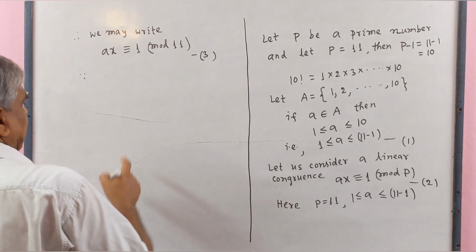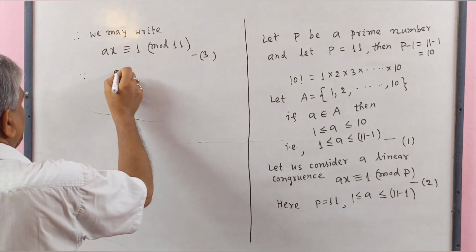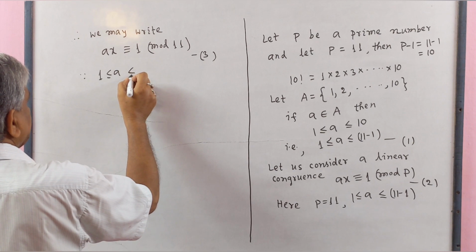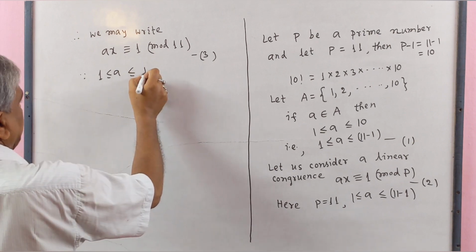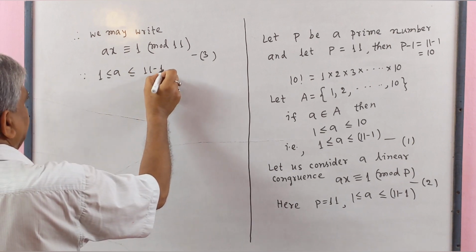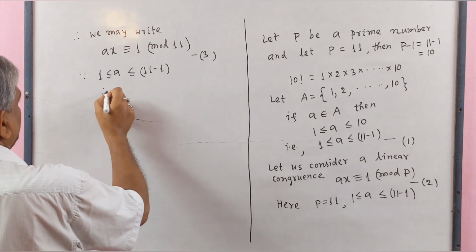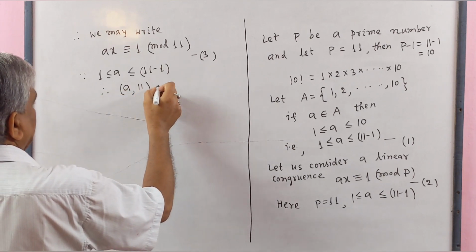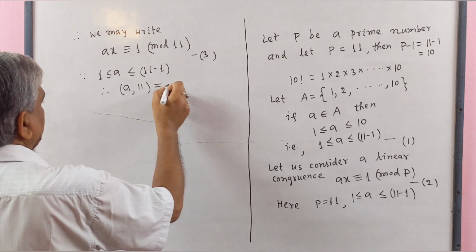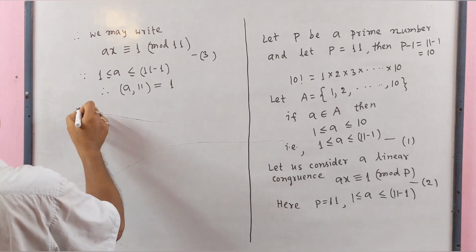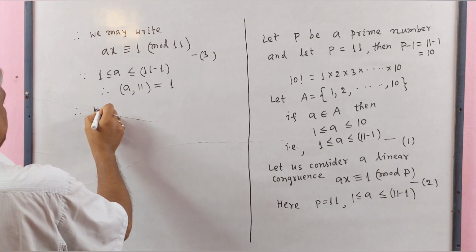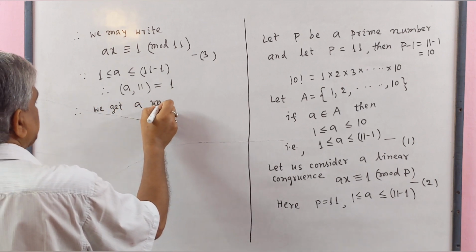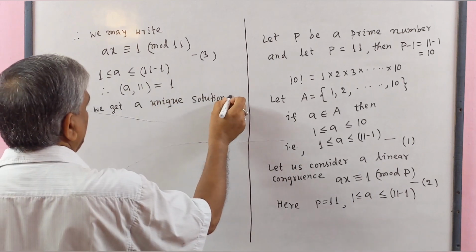Since a is greater than or equal to 1 and less than or equal to 11 minus 1, therefore GCD of a and 11 equal to 1. Therefore, we get a unique solution of 3.